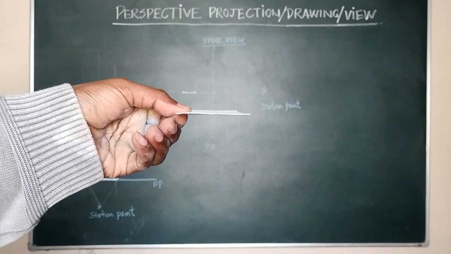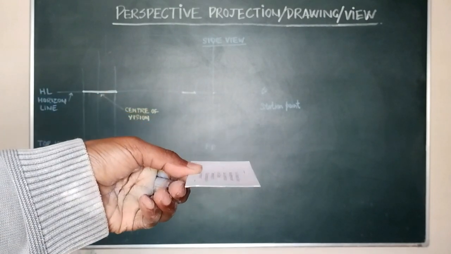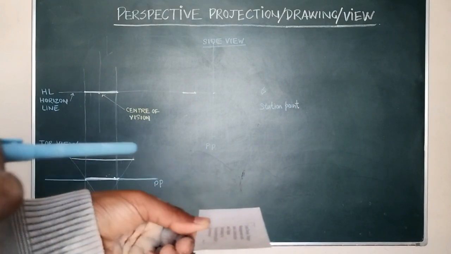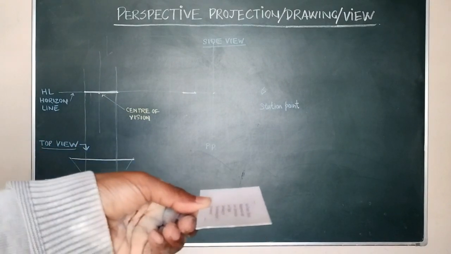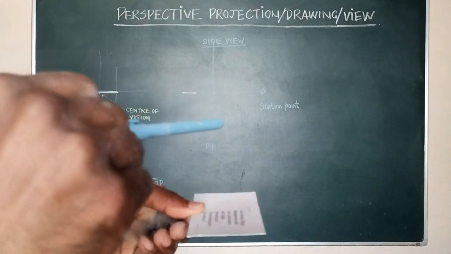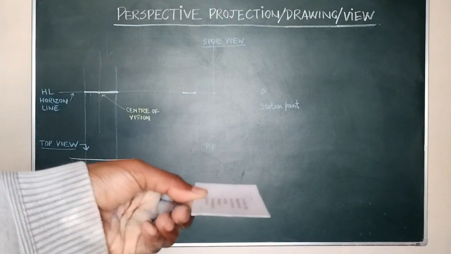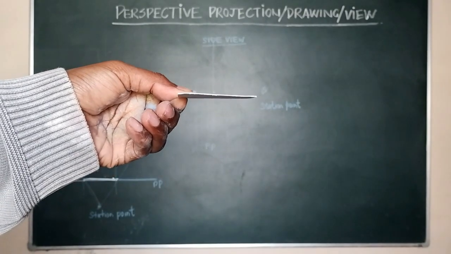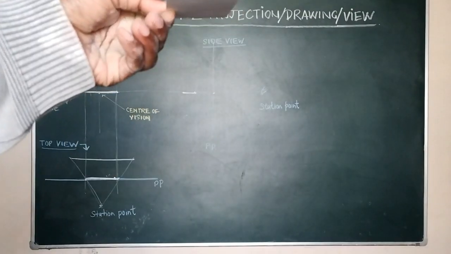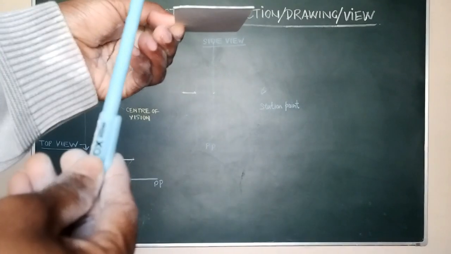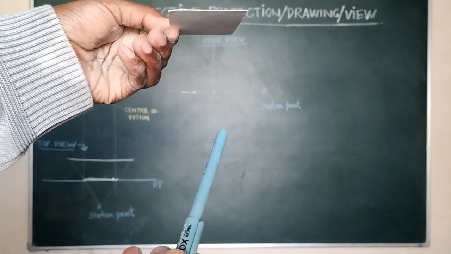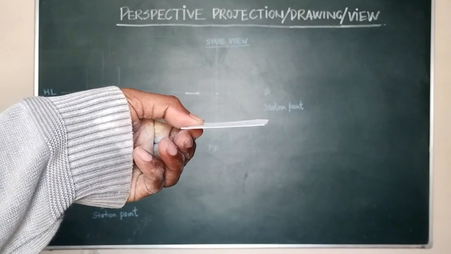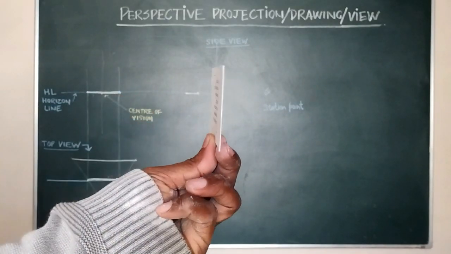Now if you see carefully, if I go down like this, this line and this line are merging somewhere here. Again, let's see carefully. Or if I move a little bit up, you can see this line and this line are merging somewhere here at the center.